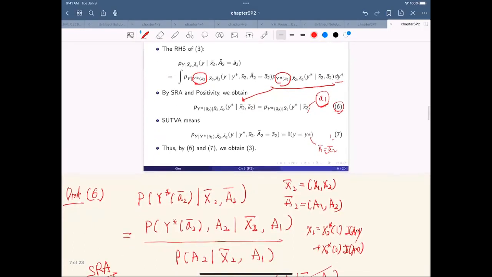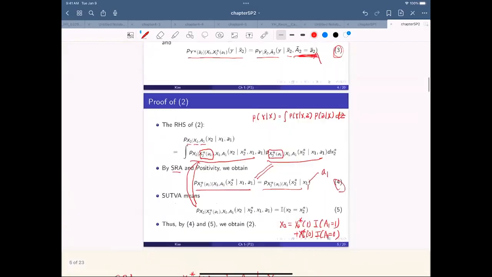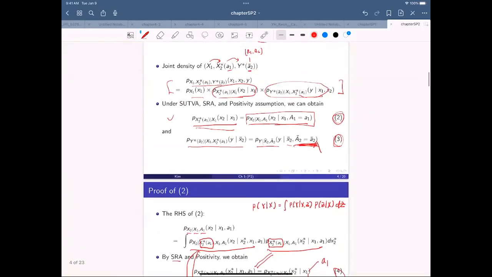I understand. We should include A1, but I think the formula actually says that we should also include A2. That is why we are confused, right? The formula here has A2. But you were writing that in terms of observed outcomes, not potential, right?